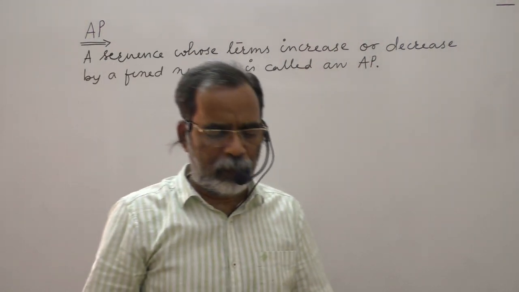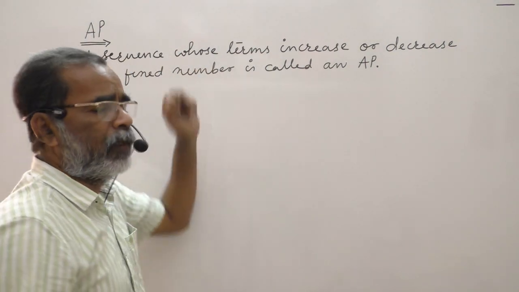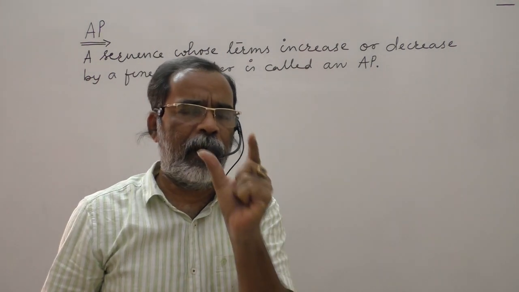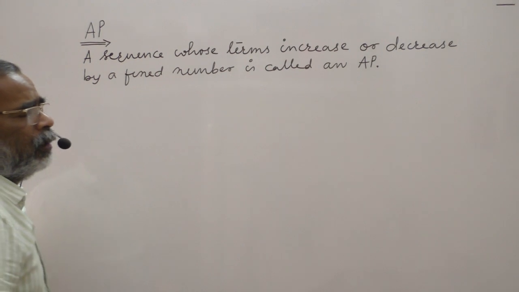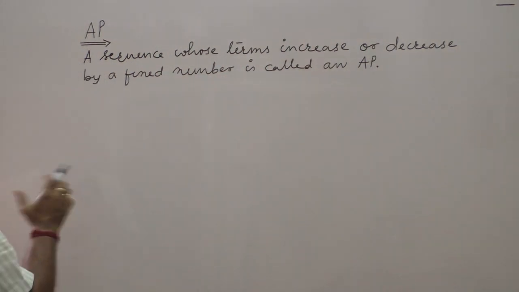What is arithmetic progression AP? It is a sequence whose terms increase or decrease by a fixed number. That sequence is called an arithmetic sequence, simply denoted by AP.